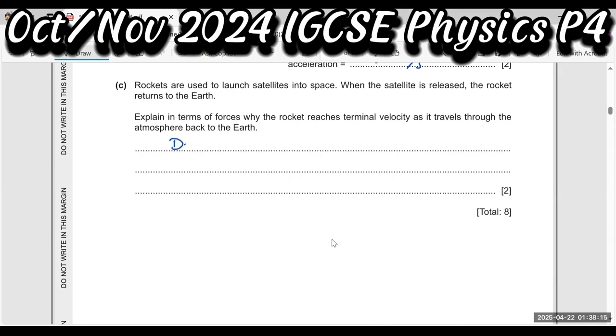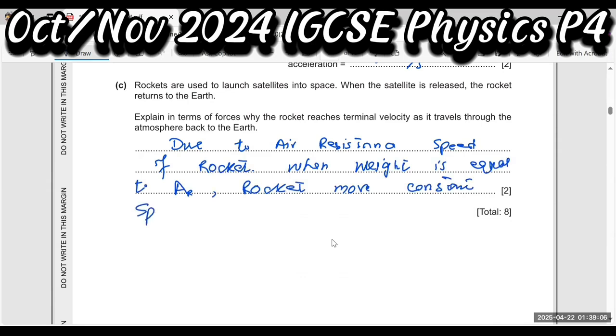Due to air resistance or drag force, the speed of the rocket will decrease when it goes back, and that is called terminal velocity because the net force will be zero. No need to write all these things, just write due to air resistance, 1 mark, and the rocket moves with constant speed because net force is zero.